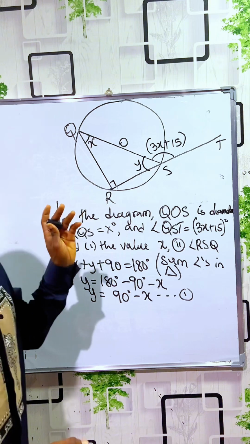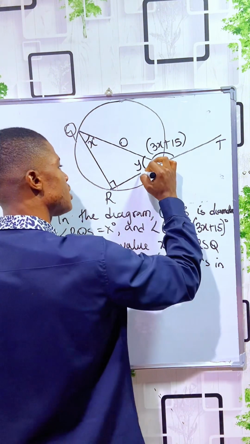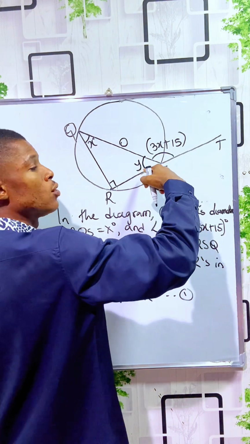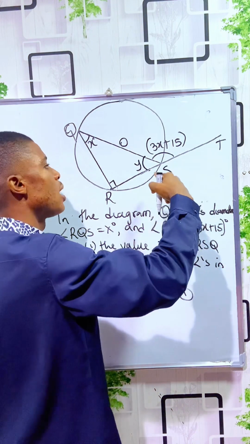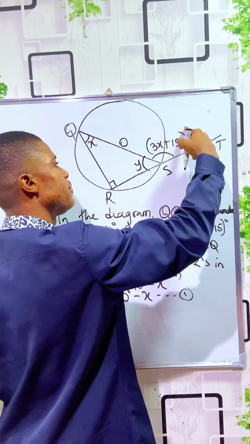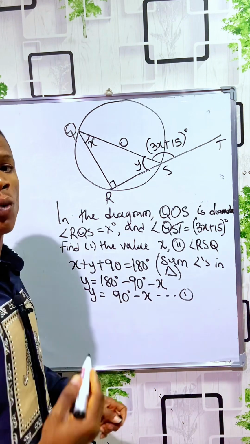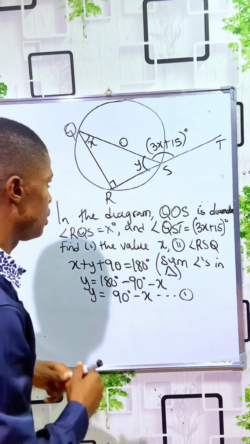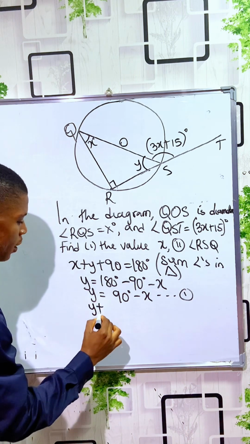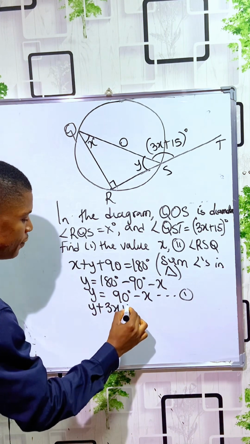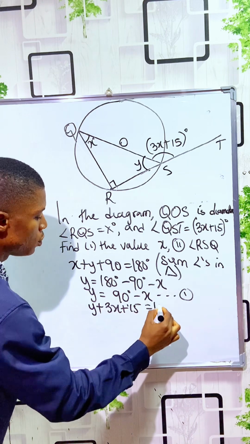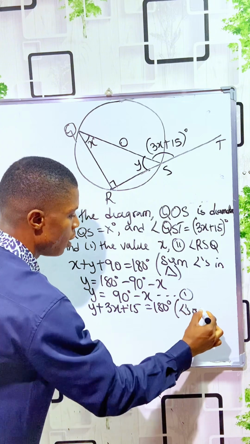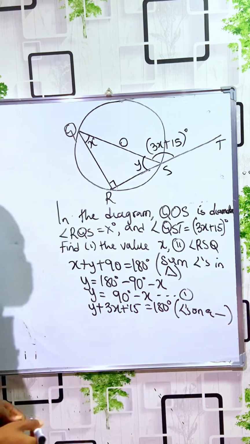Then for our second y, observe that this line that moves to the tangent T is also an angle on a straight line. That means y plus 3x plus 15 degrees should be 180 degrees, because angles on a straight line add up to 180 degrees. So y plus 3x plus 15 is equal to 180 degrees, angles on a straight line.